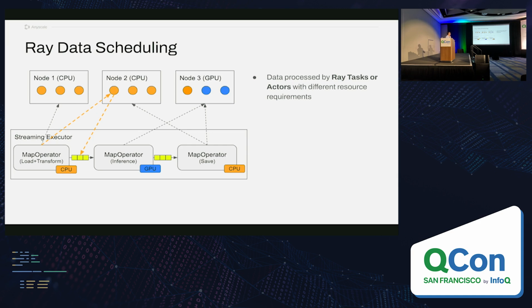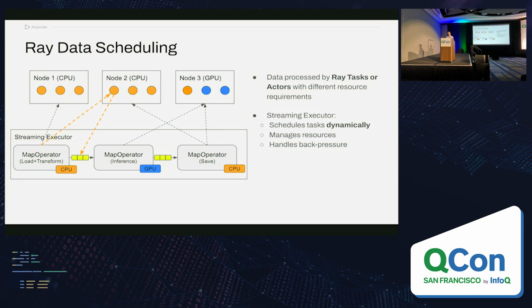In this example, we have 3 nodes, 2 CPU nodes and 1 GPU node, and even the GPU node has CPU cores. So Ray Data will schedule the right tasks on CPU or GPU based on the requirement. And of course, we'll try to minimize data movement by scheduling similar data to similar nodes.